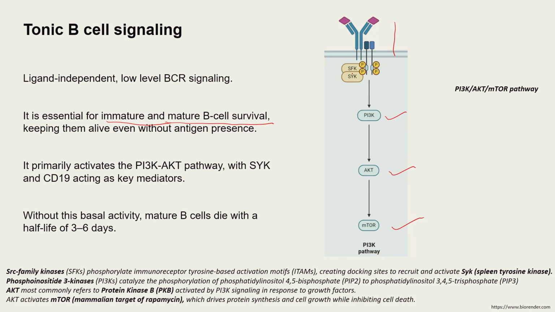So we can see SFK is there. SFK stands for Src family kinases, which we have already discussed, and this can phosphorylate the immunoreceptor tyrosine based activation motif, which we have understood, creating a docking site to recruit the activated SYK, the spleen specific tyrosine kinase, which we have also discussed. This phosphorylation event can activate PI3 kinase, which is phosphatidylinositol 3 kinase, which catalyzes the phosphorylation of PIP2 to PIP3.